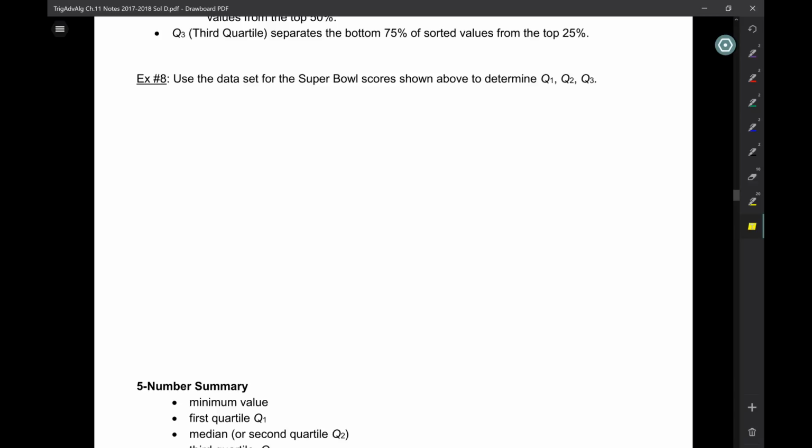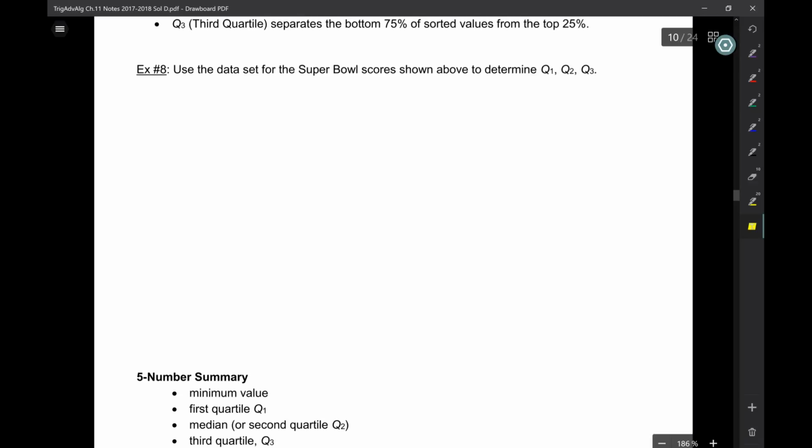So what we're going to do next is we're going to use the data set for the Super Bowl, and we're going to determine Q1, Q2, Q3. So the first thing you have to do is sort the data in increasing order.